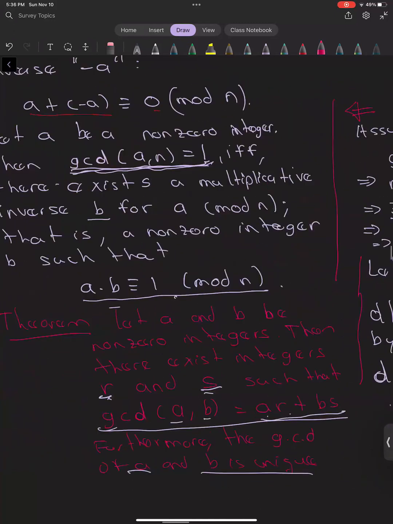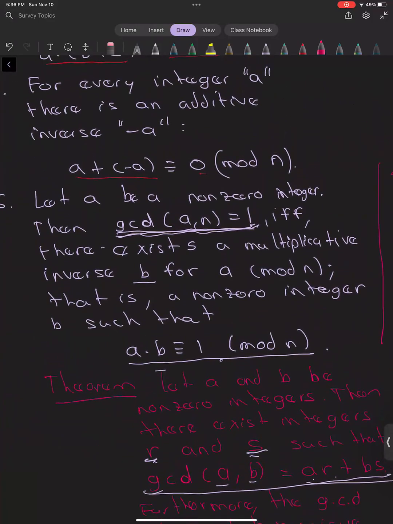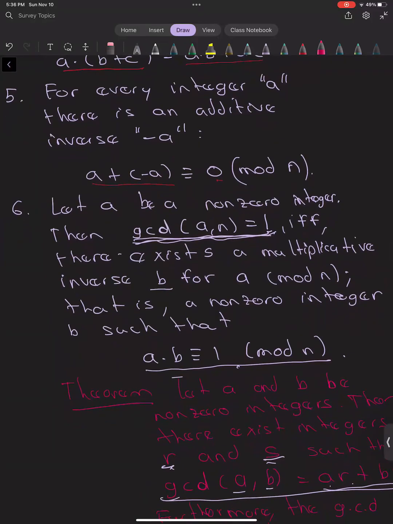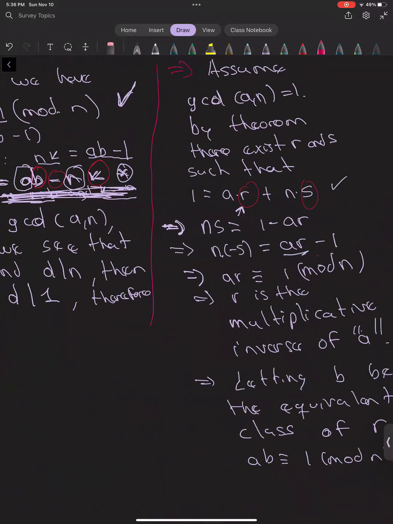So let's do it. It says that if the greatest common divisor of A and N is 1, then there exists an inverse B such that A times B equals 1 mod N. Okay, so assume the greatest common divisor of A and N is 1.